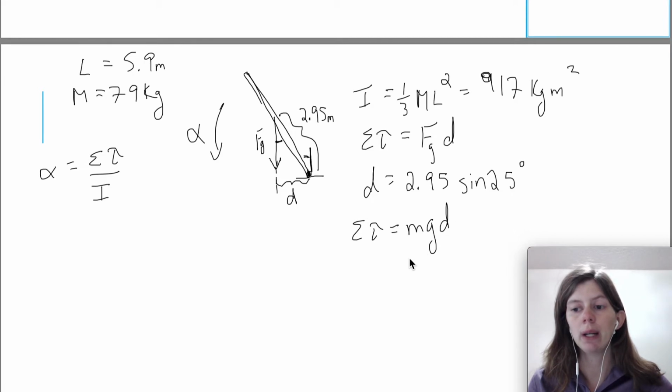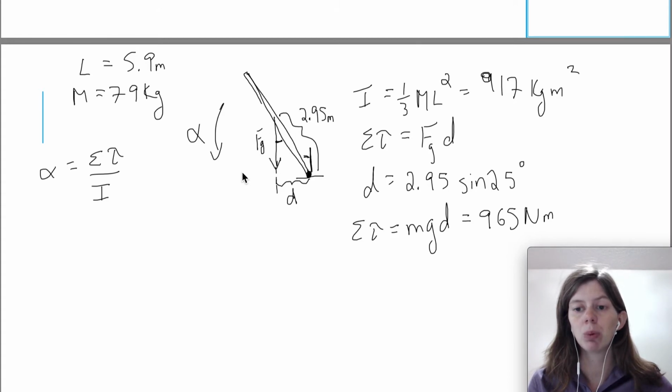So we're going to go ahead and plug in those numbers: 79 times 9.8 times 2.95 times sine of 25 degrees. And for all of that, I got 965 newton meters.